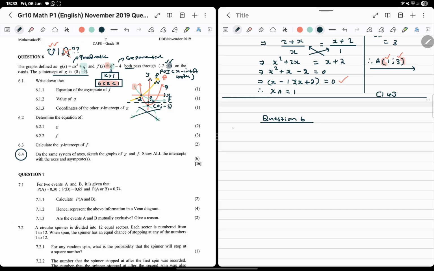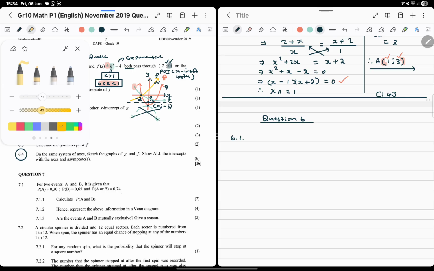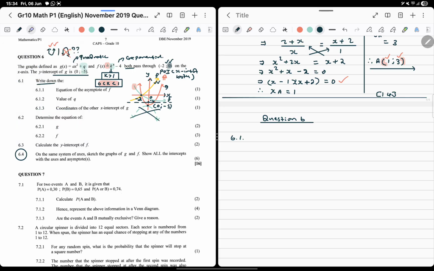Okay, let's start answering some questions. So the question says, write down, no explanations necessary, the equation of the asymptote of f. We know that the asymptote is always the vertical shift itself.